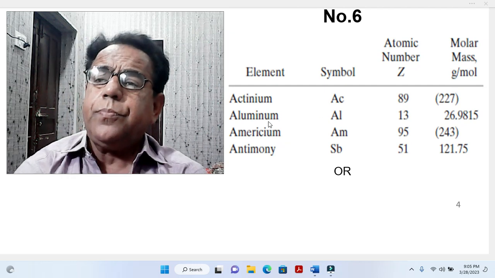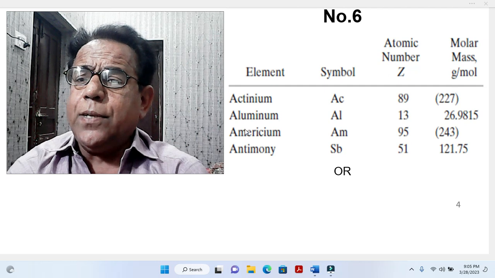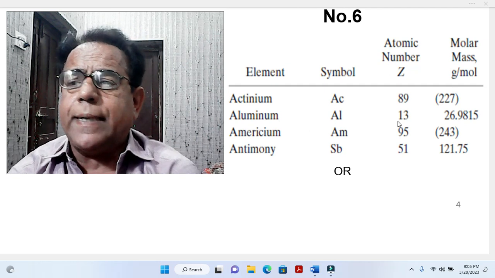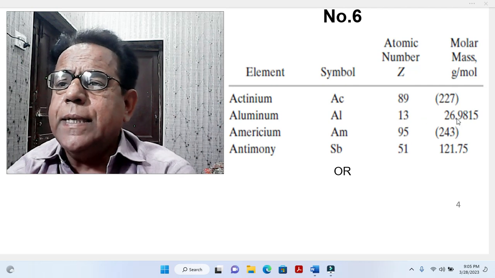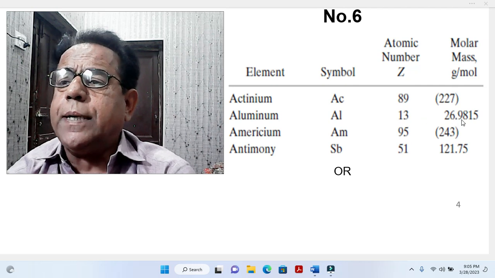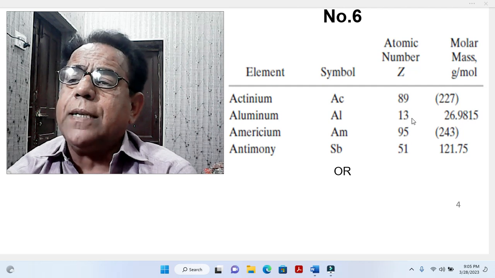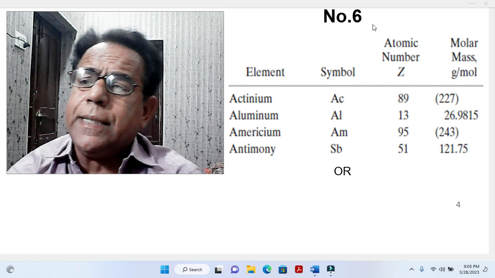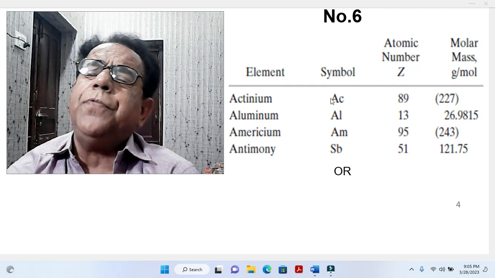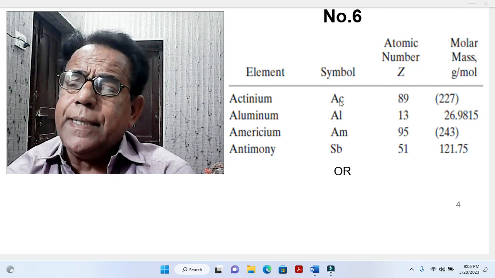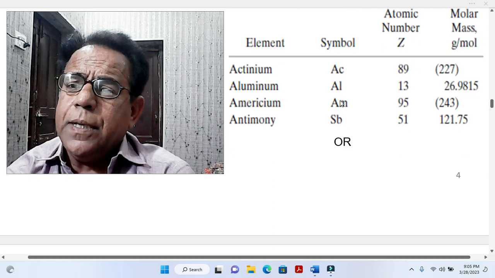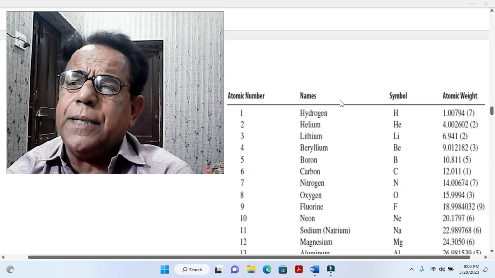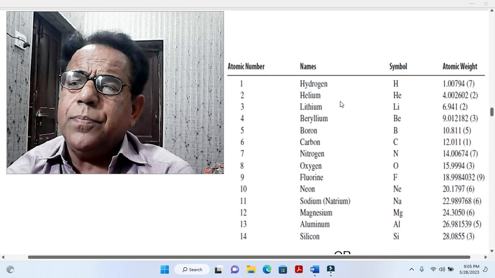Here in the second row aluminum Al is given, whose atomic number Z is 13 and whose molar mass in gram per mole is 26.9815. We are concerned with this value. However, we will repeat similar tables from various books just in order to have some acquaintance or familiarity with this thing.